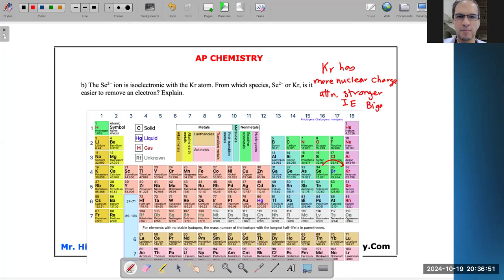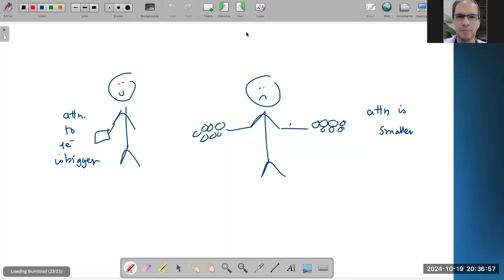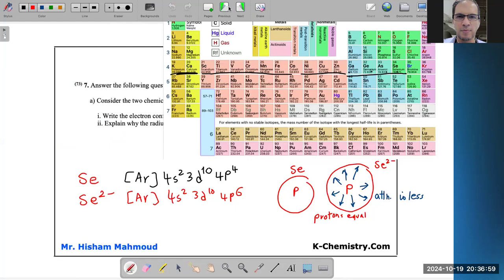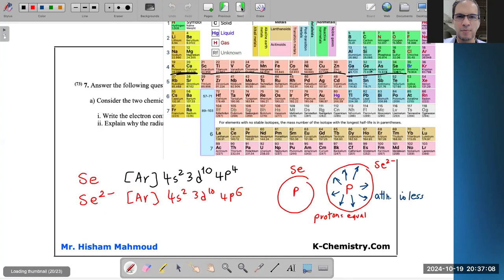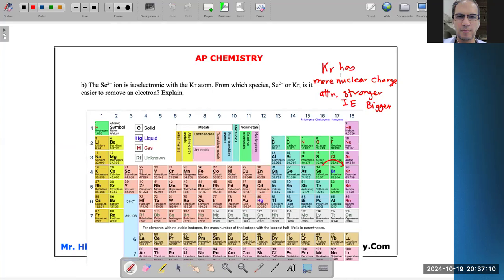If you compare the same number of electrons and a different number of protons, the one that has more protons has the smaller size and the stronger attraction. The size is smaller, the attraction is bigger, and the ionization energy is bigger.